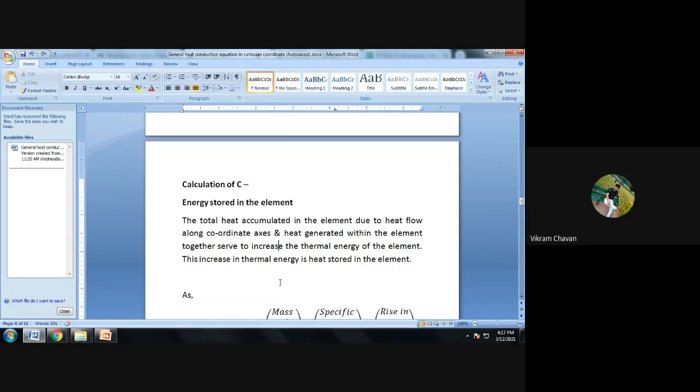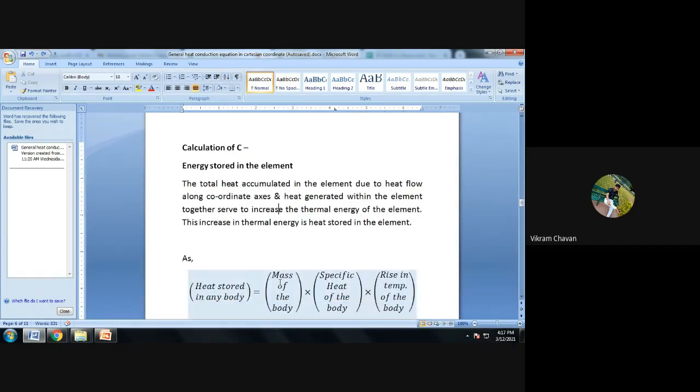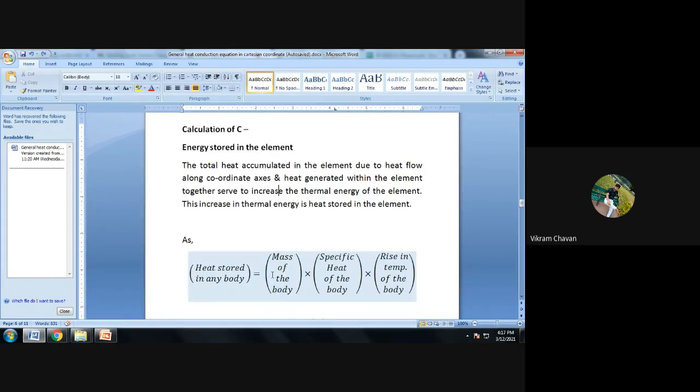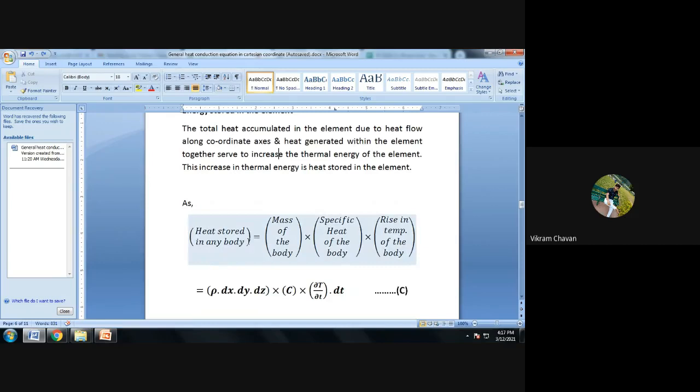We know the simple formula for heat stored in any body: it is equal to mass of the body multiplied by specific heat of the body multiplied by rise in temperature of that body. In equation format, heat stored in the element is equal to mass, which we introduced as density multiplied by volume.